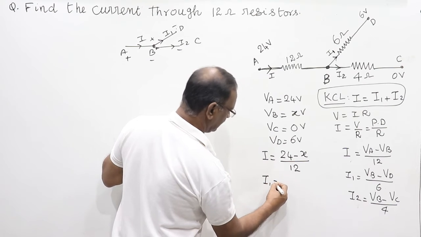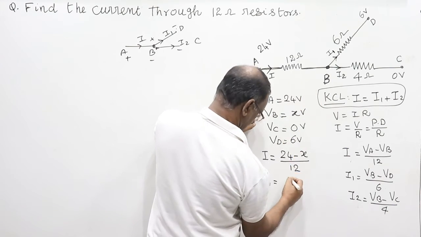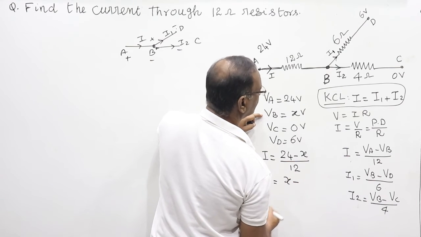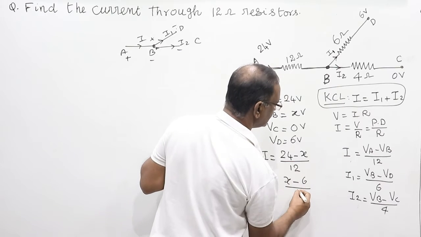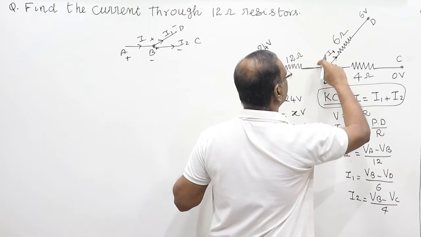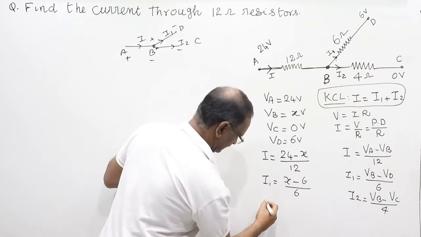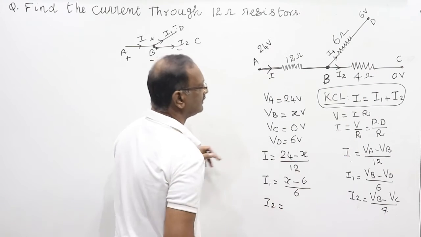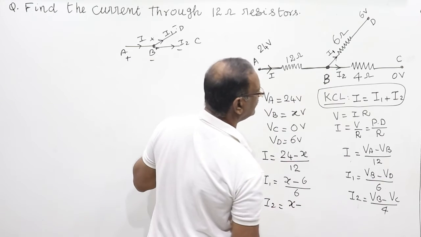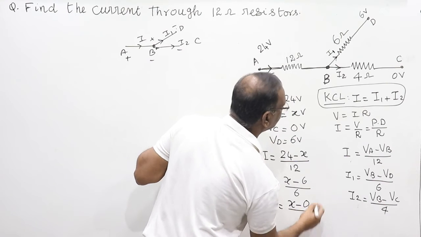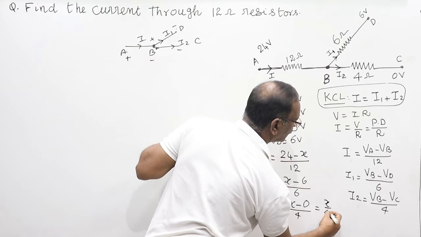I1 is equal to VB minus VD divided by 6, that is X minus 6 divided by 6. And I2 is equal to VB minus VC, where VB we keep as X and VC is 0 volt, divided by the resistance across this, 4 ohm, which is X by 4.